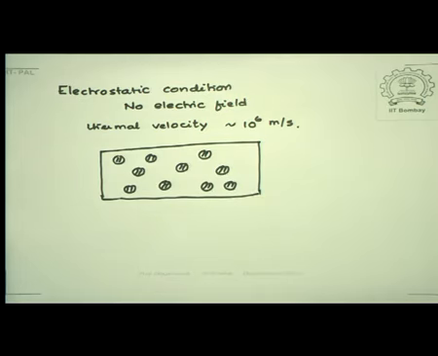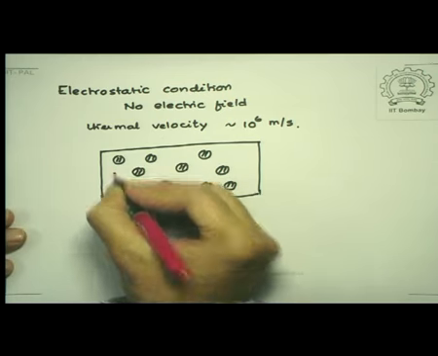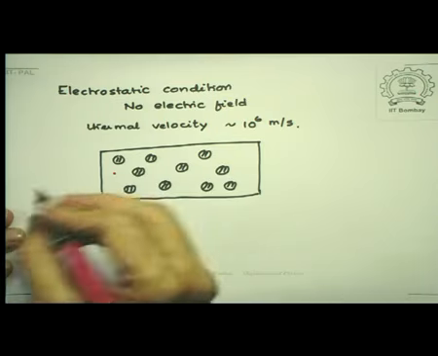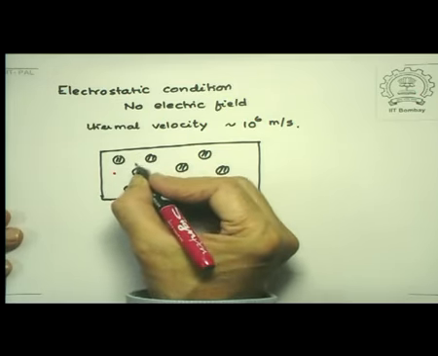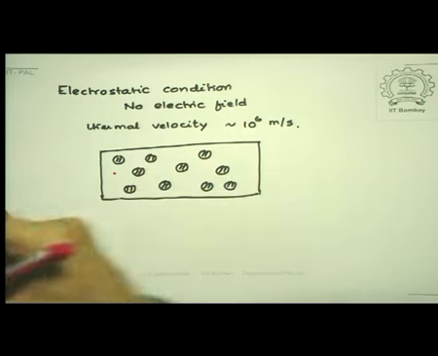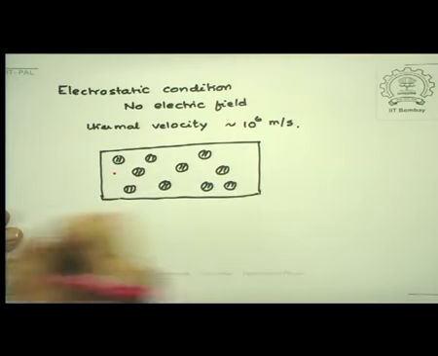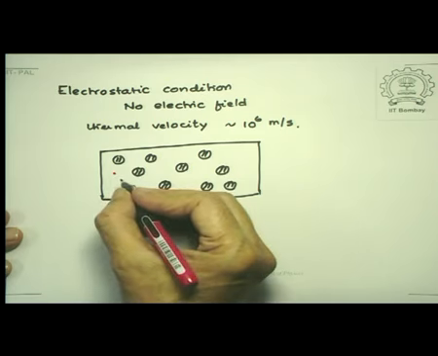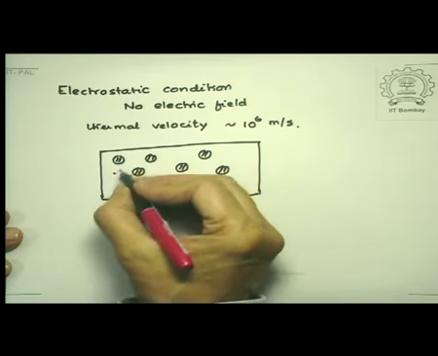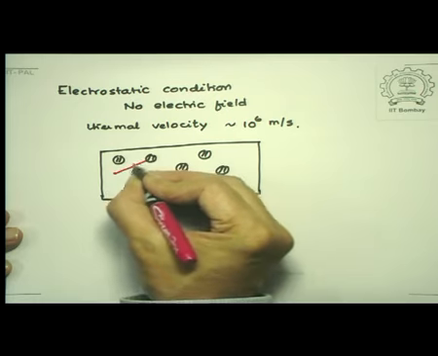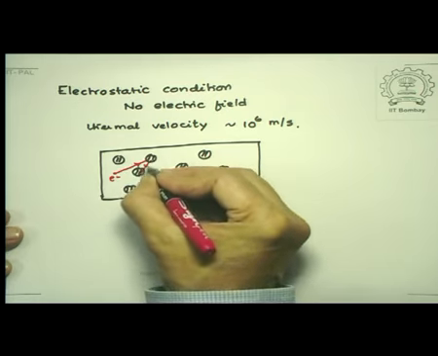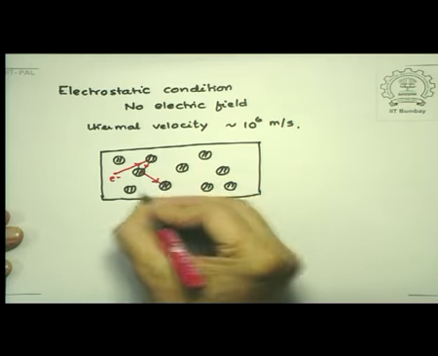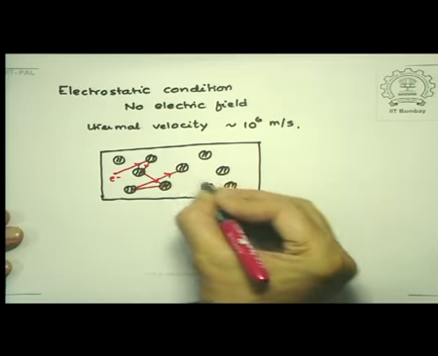So if you take a particular electron, this electron is continuously colliding with atoms or ions and then bouncing back from the atom and then collides with another one. So typically a situation could be like this. If this is an electron, it could go here, then here, then here. So all sorts of things can happen.